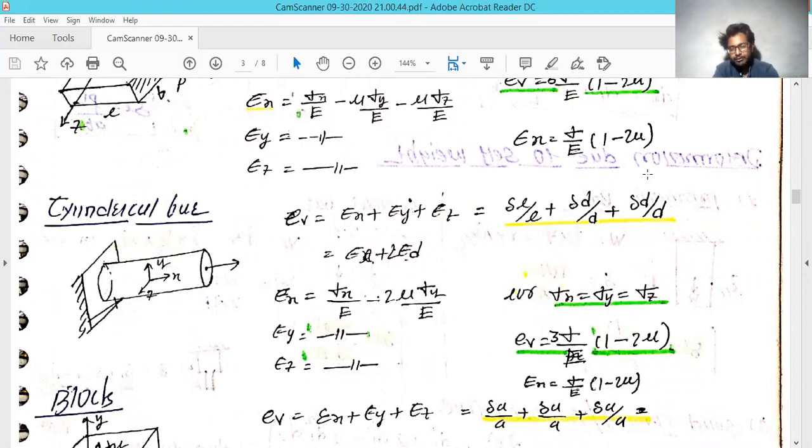If we apply force in the x direction, then the strain in the y direction and z direction will be equal. And if you put this in the volumetric equation, it will be reduced to the form of strain in the x direction plus the strain in the y or z direction 2 times.